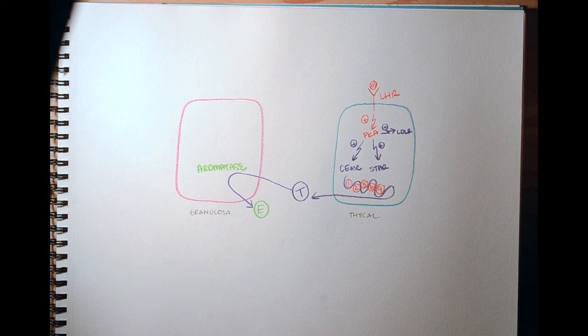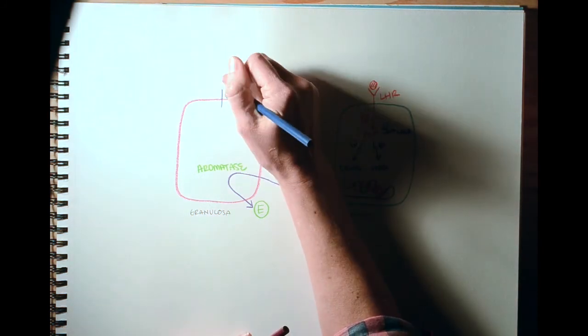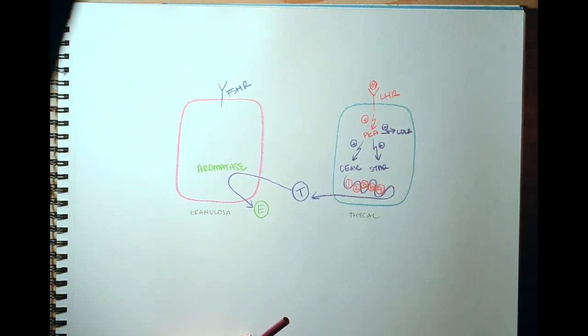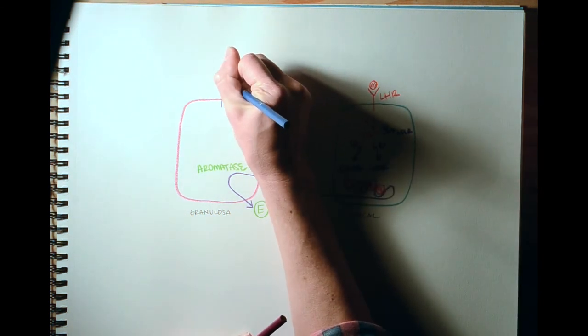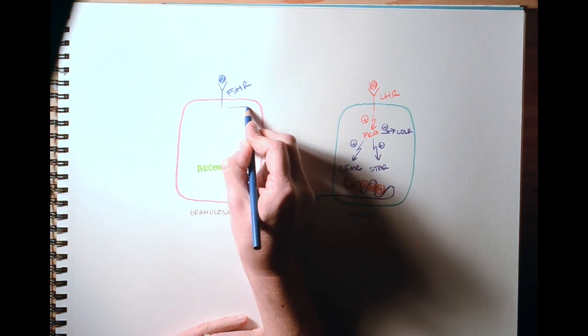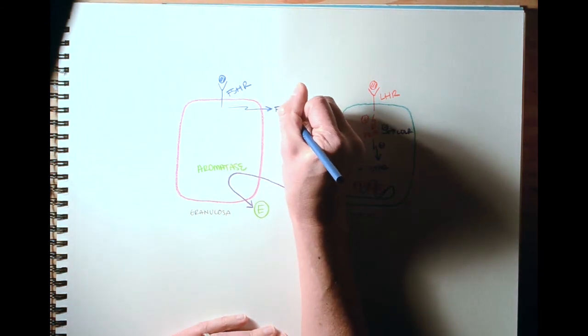Also synonymous to the process that we saw in male reproduction in those cell types, the Leydig cell and the Sertoli cell, this granulosa cell is the cell that expresses the FSH receptor. So it is responsive to FSH. And binding of FSH to the FSH receptor is going to induce a couple of very important changes in this local environment. One, it will increase the fluid content in the antrum.